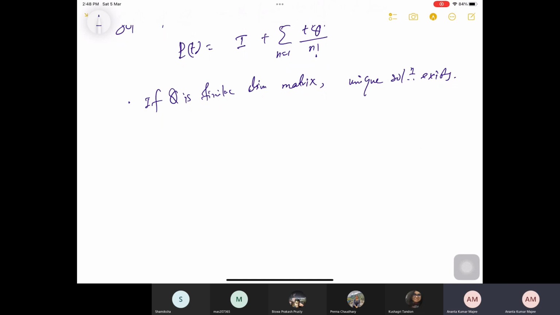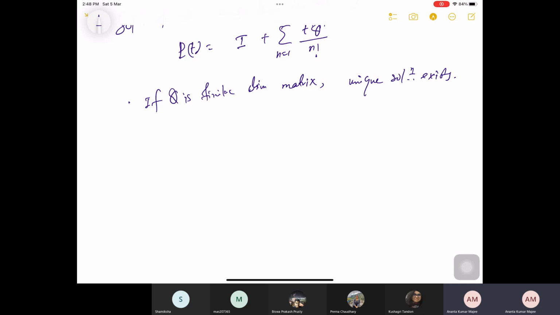In general, for Q infinite dimensional we cannot say anything about whether it is convergent or not. So one has to put some conditions so that it will converge. In particular, if you consider the norm of Q is less than 1, it will converge.